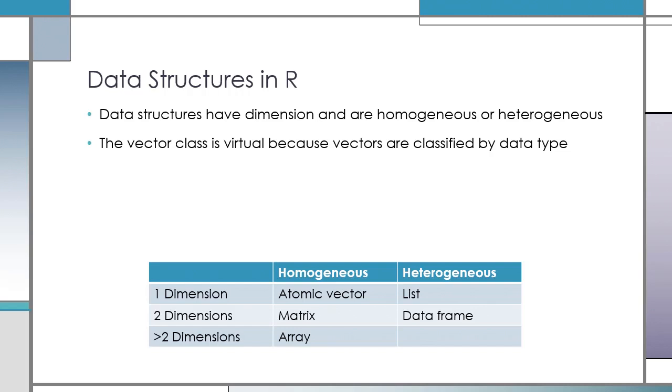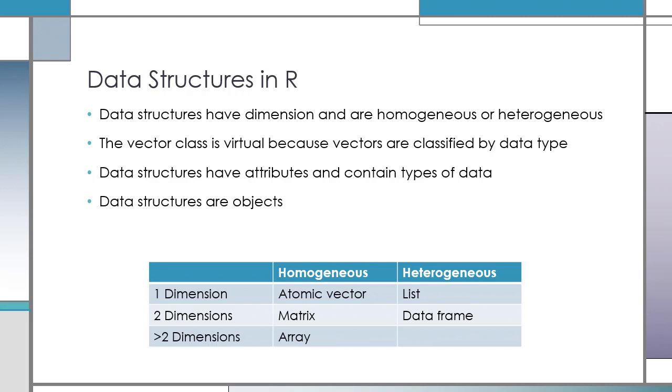So vectors are classified by the type of data that they contain. Data structures have attributes and contain types of data. Data structures are objects. Everything in R, including functions, are objects.